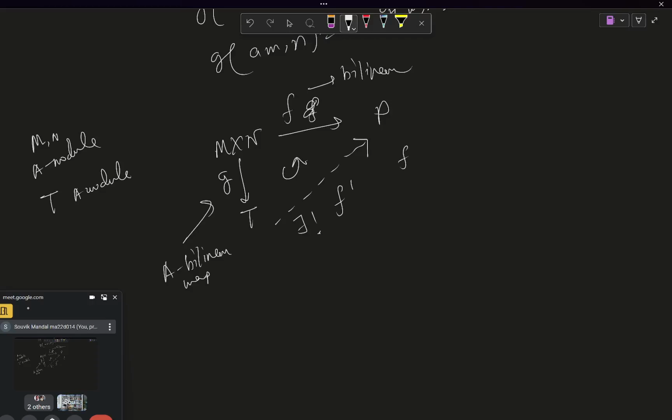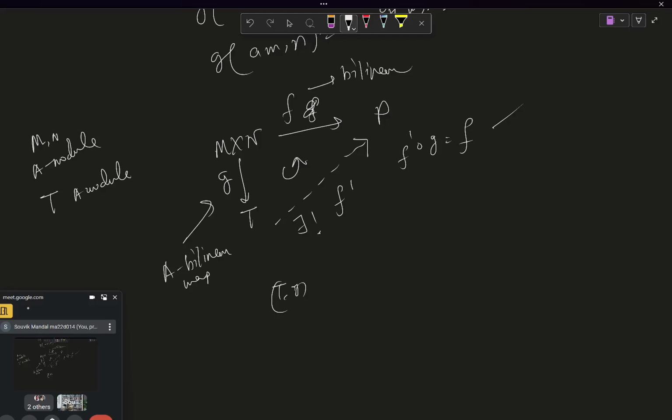That is, f dash composed with G is equal to small f. And if this pair P, G satisfies this property, then the pair is unique. That is, we will have an isomorphism. That's all.